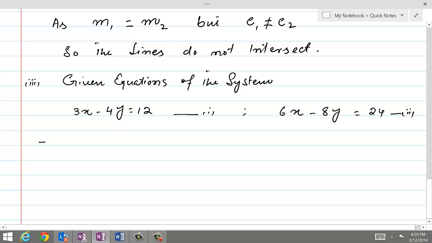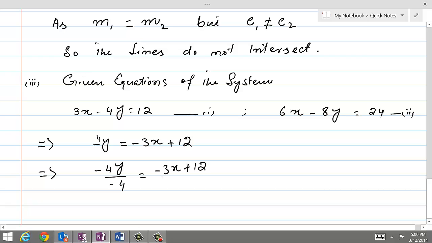This will give us minus 4y equal to minus 3x plus 12. And now if we divide both sides by minus 4, so here we have minus 4y divided by minus 4 equal to minus 3x plus 12 over minus 4.